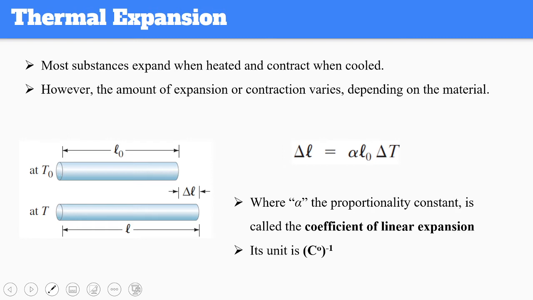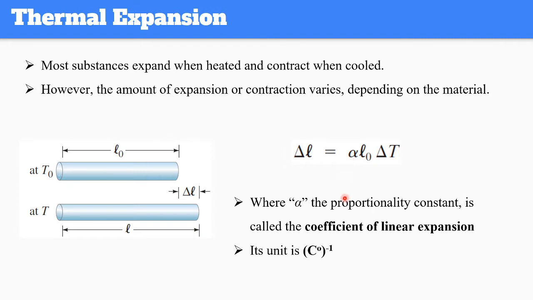All right, thermal expansion. We said when we increase the temperature of materials, they expand, or when we decrease the temperature, they shrink. And there is a certain equation for that. Delta L is how much the object is going to expand, or how much it is going to change its length, and it depends on three things.